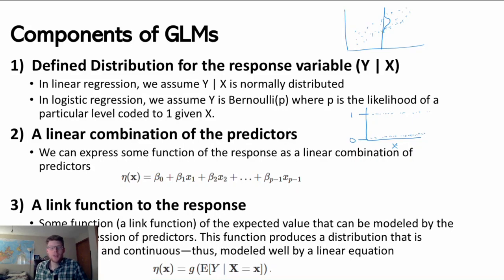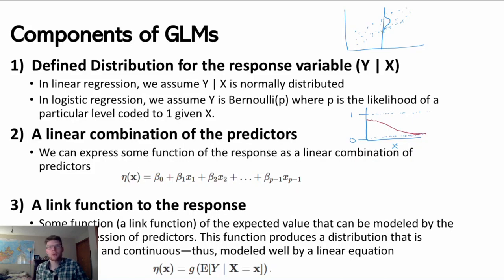And so in this case, the conditional distribution of y given x is Bernoulli p, where p is going to vary and depend on the value of x. Maybe p is a little bit higher over here, but a little bit lower over here. So in that sense, the distribution of y given x, where y is a binary variable, is going to be Bernoulli p, and it's going to depend on the value of x if there's a relationship there.